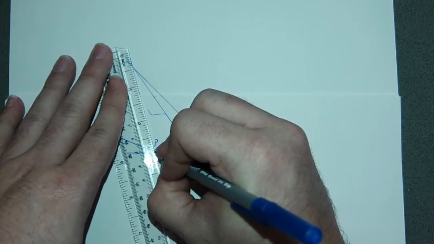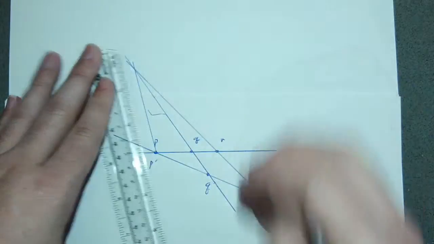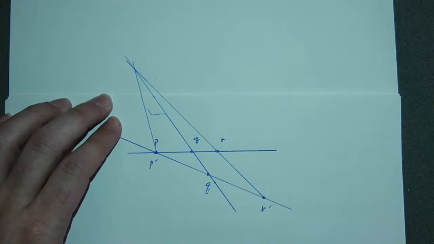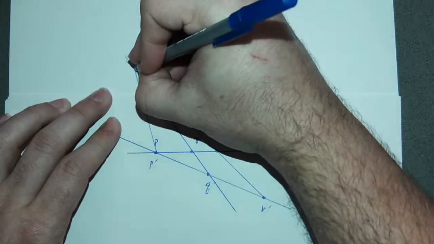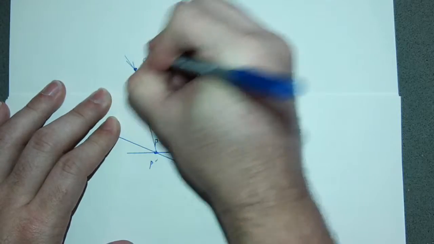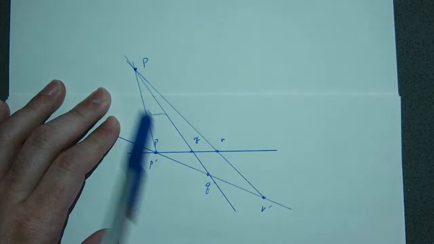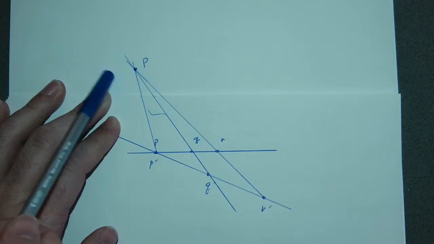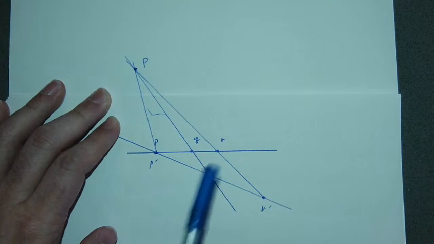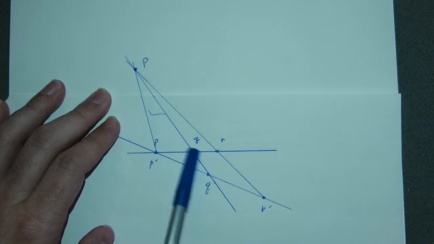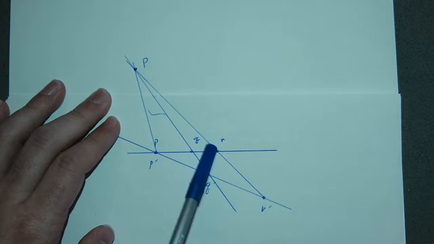So I draw in these lines in this way, and what I have done here is, in reverse, I have found a point P such that projection from point P maps P to P prime. We lined those up. It maps Q to Q prime, and it maps R to R prime.